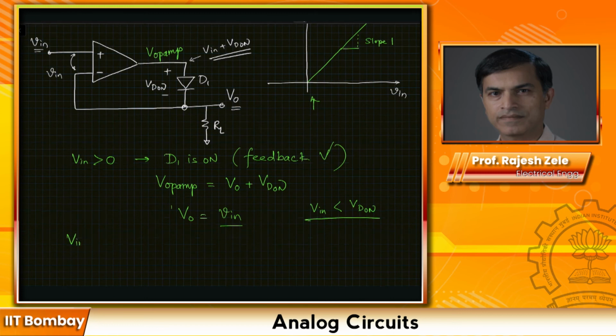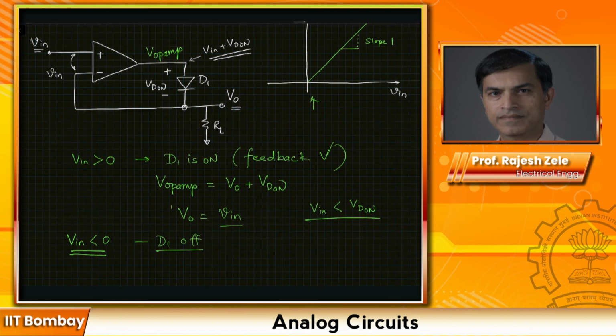When Vin is less than 0, then what happens? What we would expect is, if Vin is less than 0, you can analyze it. The diode D1 will be off, and if the diode D1 is off, then we don't care what's at the output of the op amp. The feedback is broken. Probably there will be a negative voltage at the output of the op amp. That will satisfy our D1 is off case.